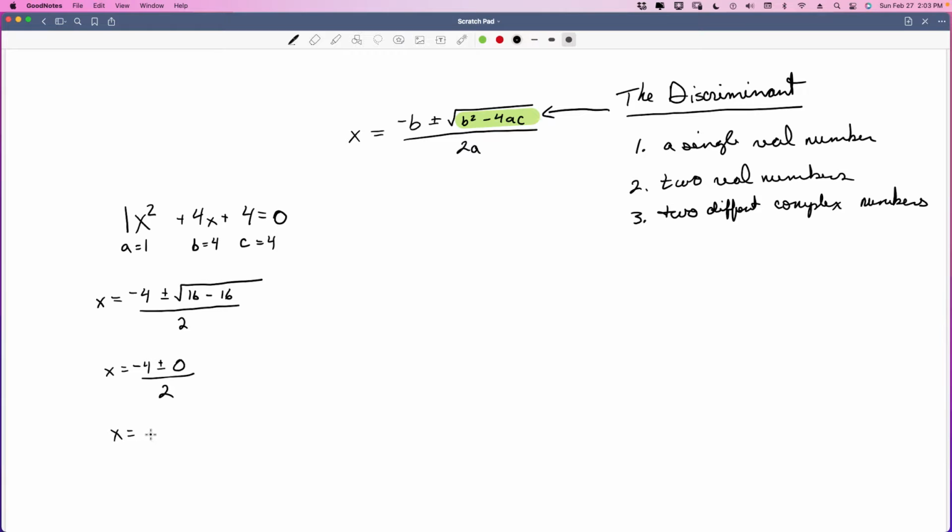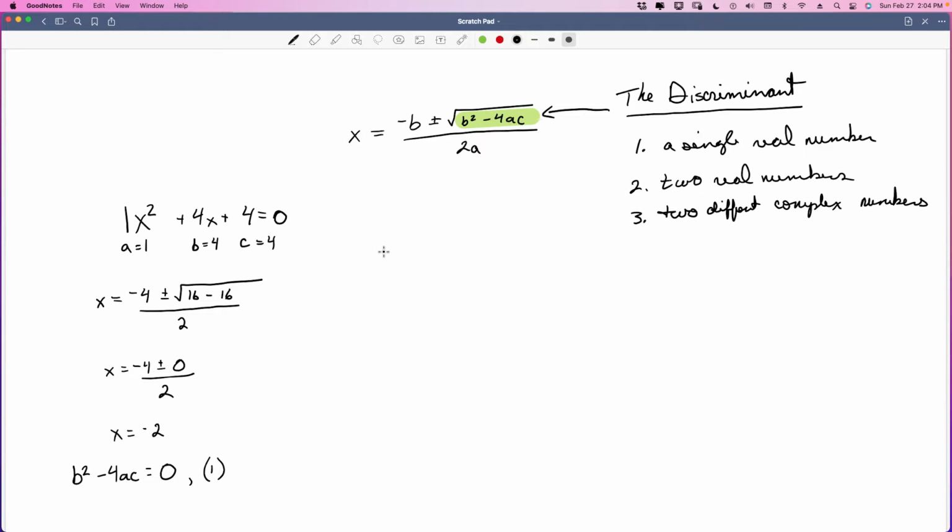So x is equal to -2 plus or minus 0. You add 0, you subtract 0, the answer is still -2, right? So when b squared minus 4ac equals 0, then we are going to have a single real number. So whenever we have b squared minus 4ac equal to 0, the answer is going to be a single real number. One real number.